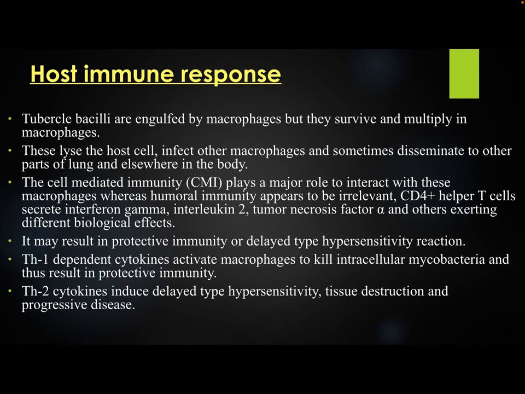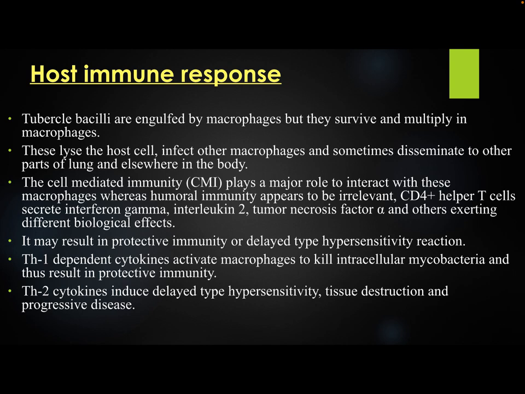Cell-mediated immunity plays a major role in interacting with these macrophages, whereas humoral immunity appears to be irrelevant. CD4 positive helper T cells secrete interferon gamma, interleukins, tumor necrosis factor alpha, and others, exerting different biological effects. It may result in protective immunity or a delayed type hypersensitivity reaction.